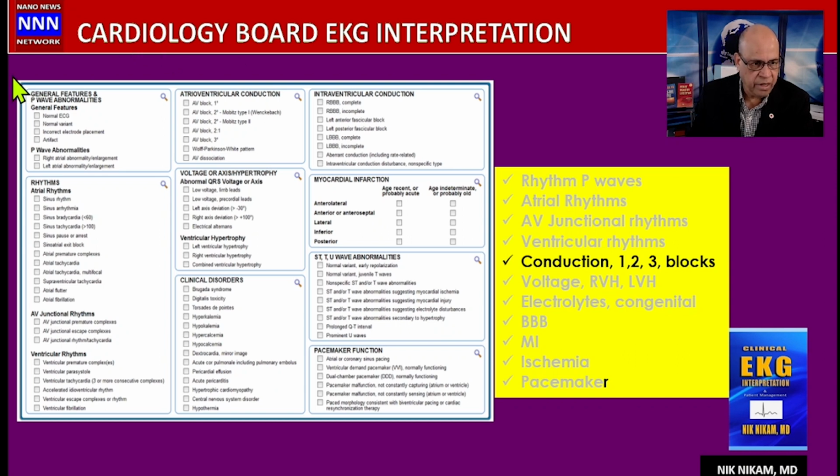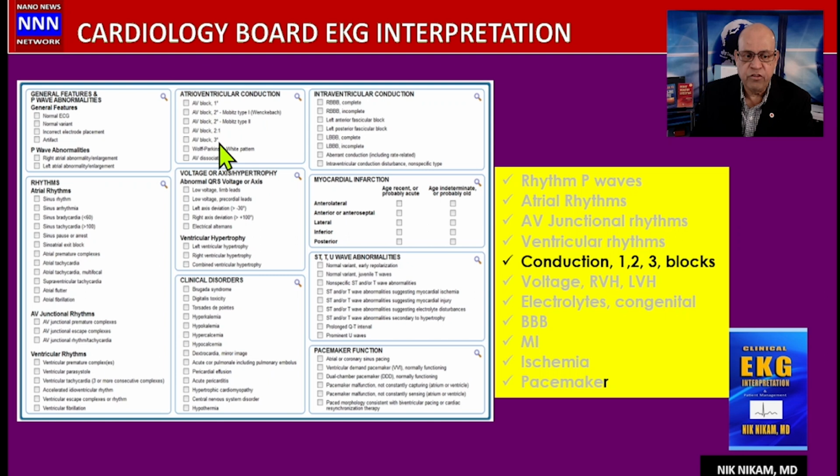I have done an overall presentation on this template itself, which you can watch, and I also have separate presentations for each one of these boxes, from general features, atrial rhythms, junction rhythms, and atrioventricular conduction disturbances.